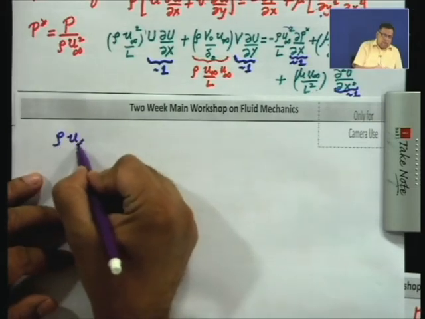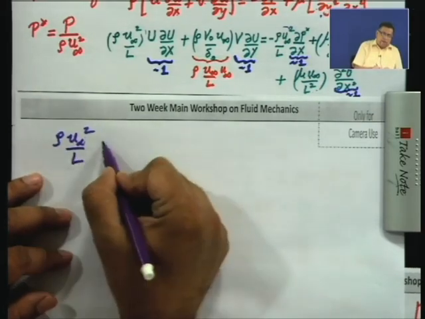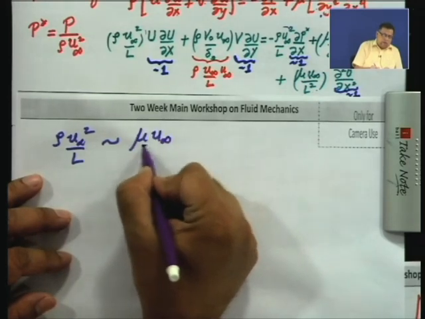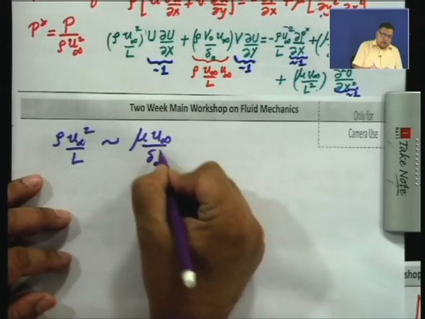Rho u infinity squared by L is of the same order as mu u infinity upon delta naught squared.